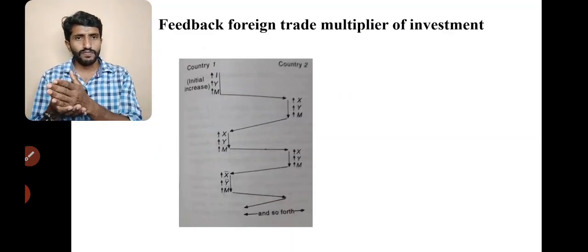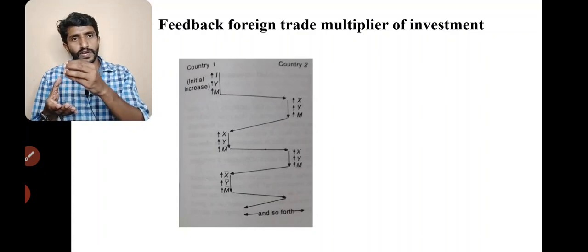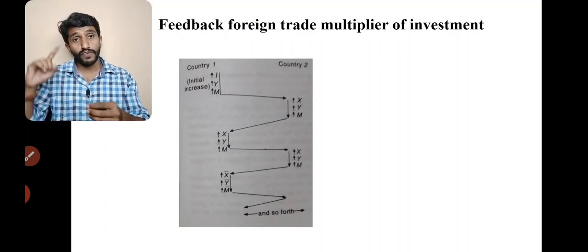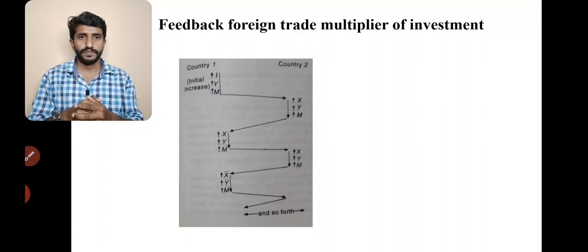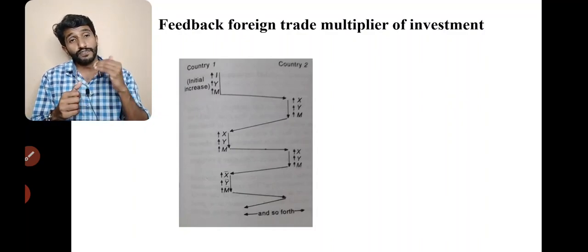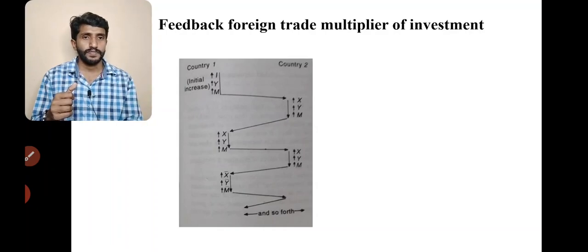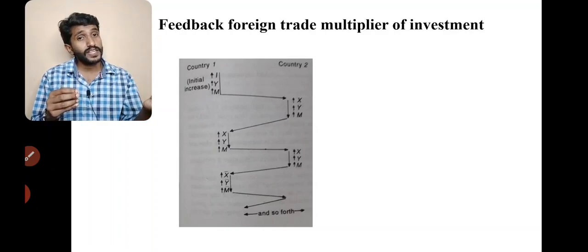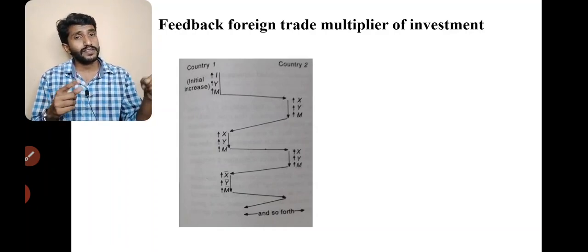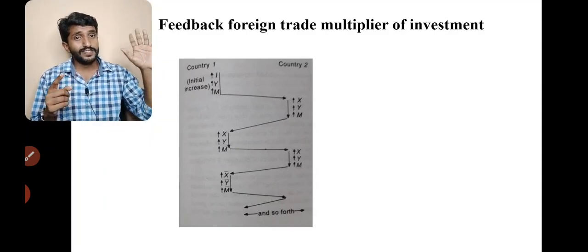And we have now explained the feedback foreign trade multiplier of export. But there is also a feedback foreign trade multiplier of investment. If there is a change in investment, that can also change income and imports and another country's exports.